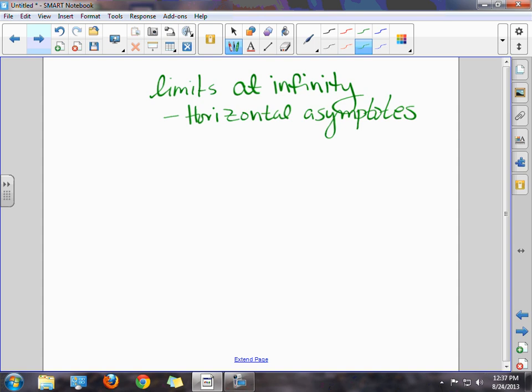Well, there's lots, I guess. The most typical limits at infinity that you see are going to be polynomials over polynomials. It's going to be a rational expression. So we have a little trick that we're going to use. So let's look at something really simple.